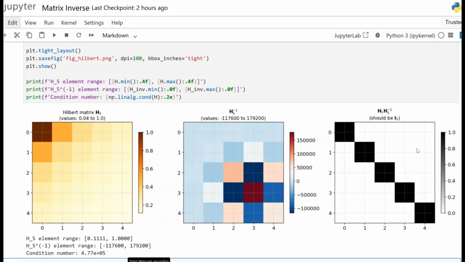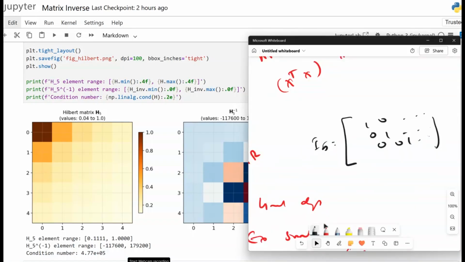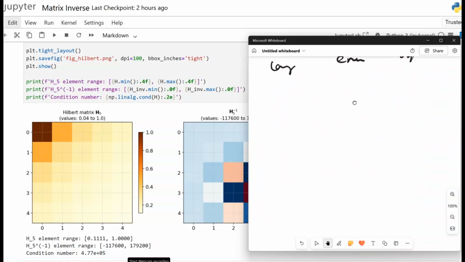And last, the product of H and H inverse is nearly the identity, approximately correct. So we can conclude that ill conditioning manifests as large inverse values and sensitivity to error, even when the matrix is small or the structure appears simple.